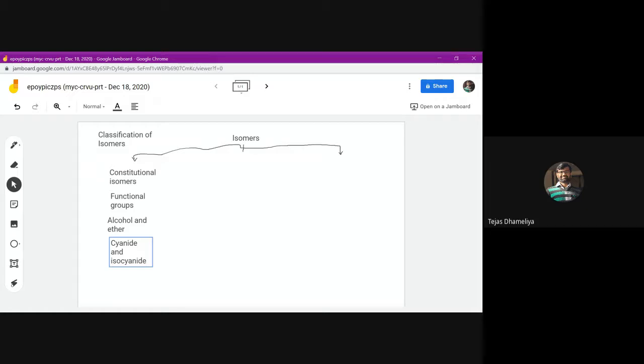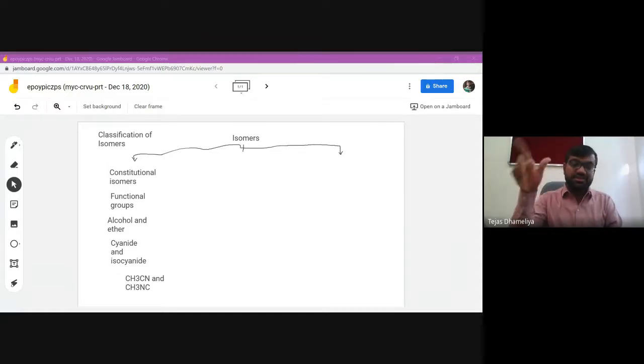For example, if we have CH3CN, and you know isocyanides are the molecules having CH3NC. So cyanide is basically nitrile. In isocyanide, nitrogen is positively charged and attached to a particular carbon.